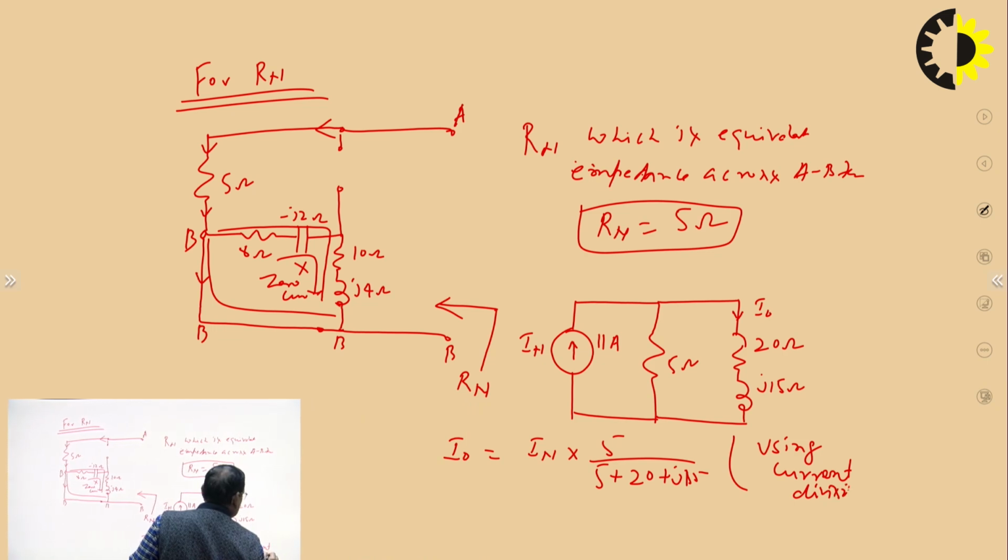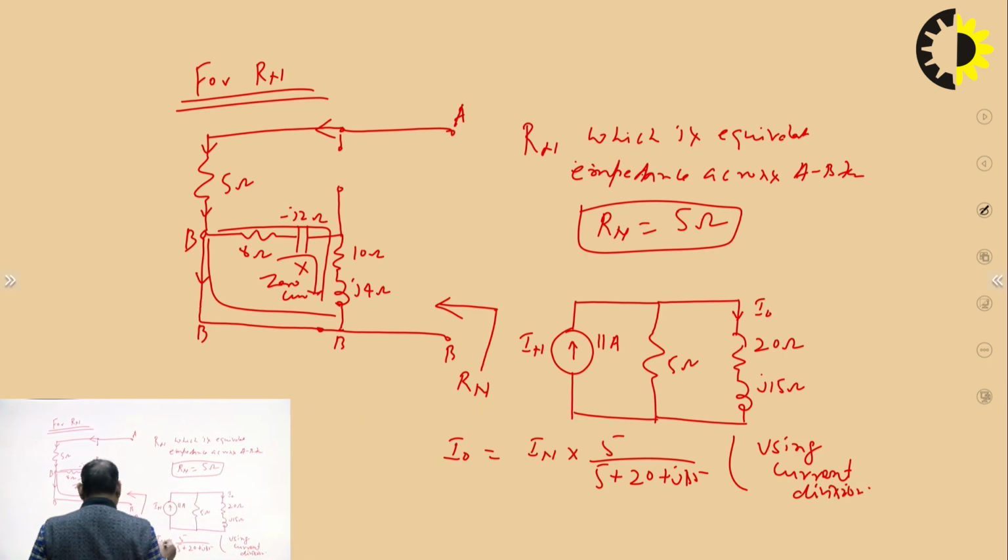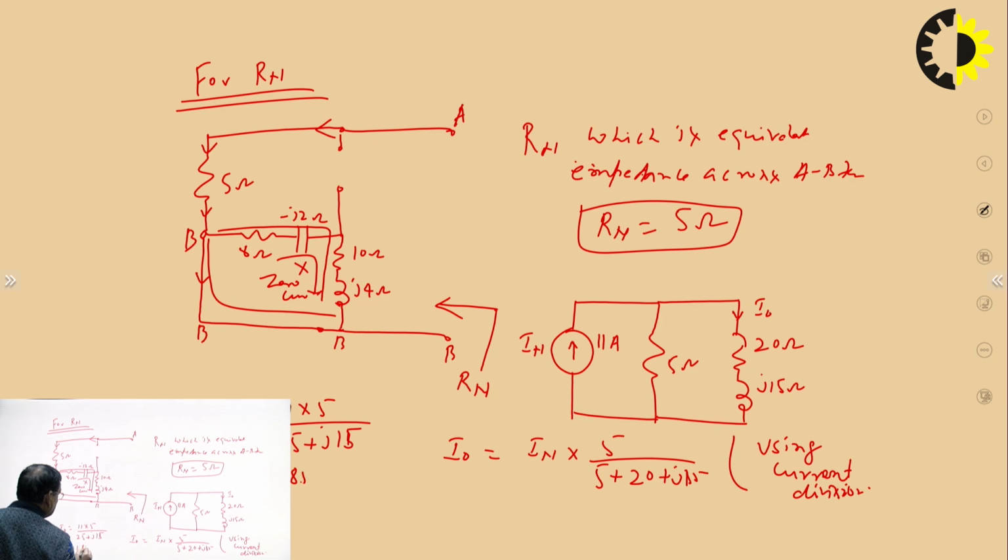So I0 is 11 into 5 divided by 25 plus J15. If we calculate, it comes to 1.886 angle minus 30.96 ampere.